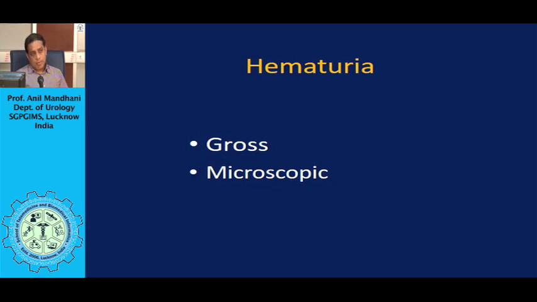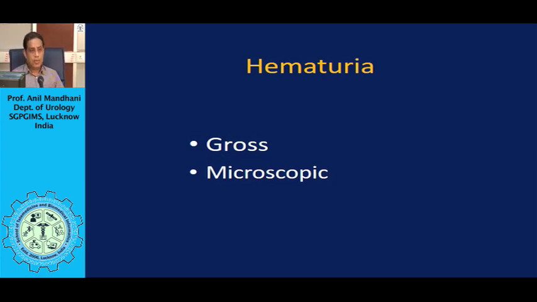I have seen that most physicians give importance to crystals in urine, which have no clinical significance unless the crystals are of cystine, which indicate a cystine stone. But most of the time you see a lot of crystals in urine routine microscopy, and I don't think they have any clinical significance.